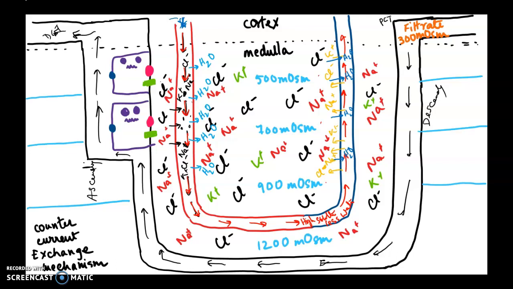There can be a situation where water can just sweep out all the salt from the medulla. So in order to prevent all the salt from getting flushed out of the medulla, the vasa recta picks up the salt and then dumps out the salt in order to maintain the gradient.